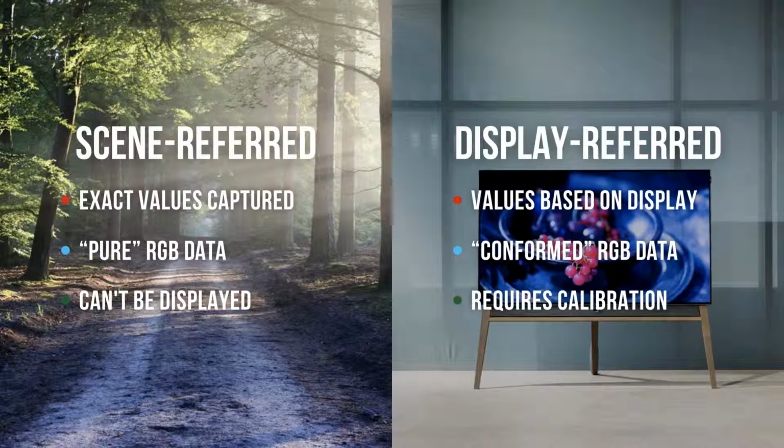And so the data from the scene referred data is conformed to match the display because all displays have different specifications on what they can handle in terms of dynamic range and color. There's a lot of factors in there. So everything has to be tailored to the display. So that's why when you have a production, you typically will go out with a separate master for theatrical versus Blu-ray versus television versus all these different things because the color is treated differently.